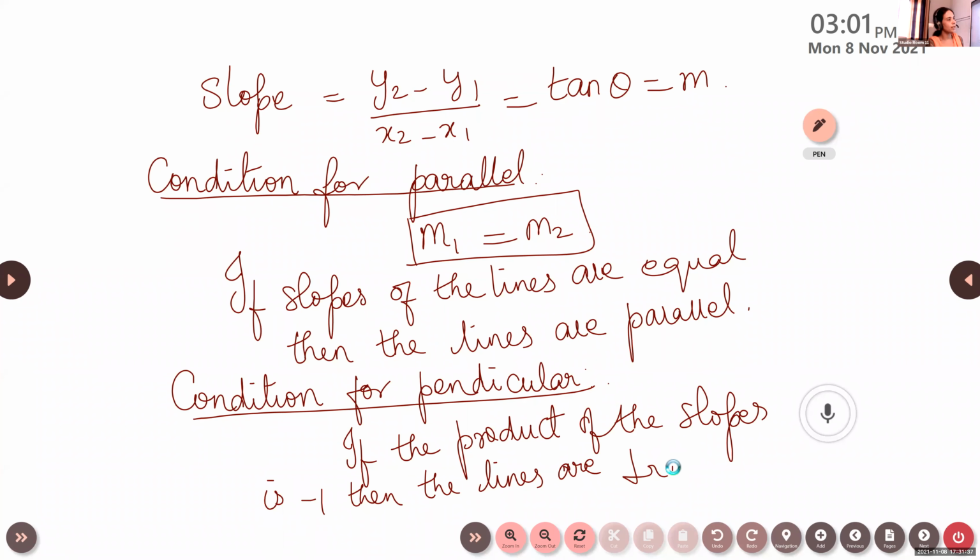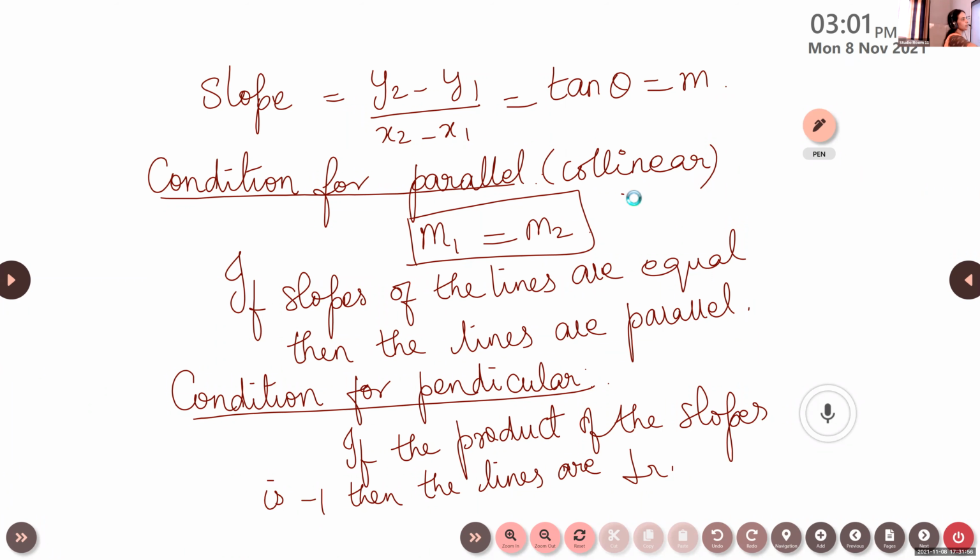When will you say three points are collinear? What is meant by collinear? Same line. For collinear also, if three points are collinear, how to check? You will find the slope.